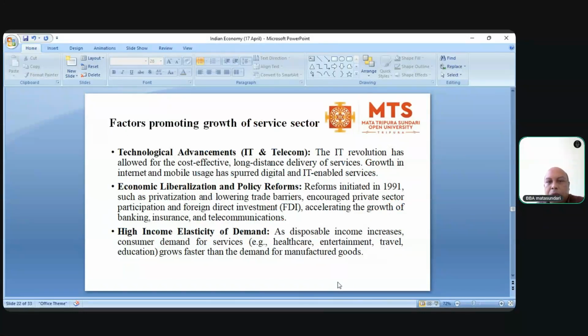Factors promoting growth of the service sector. In India, the contribution of the service sector in national income and also in employment is increasing, and there are many factors that are responsible, like technological progress. So in India also, technology, especially the information technology revolution, happened, and for this reason the service sector is expanding very rapidly.